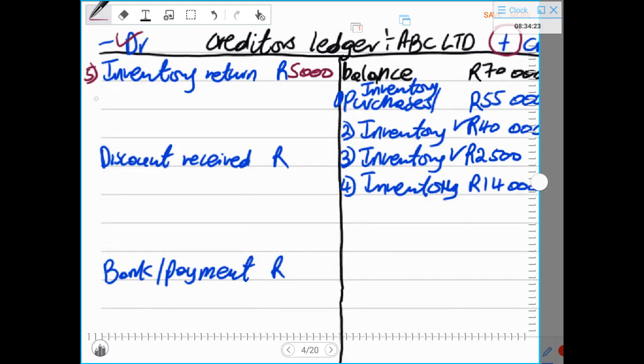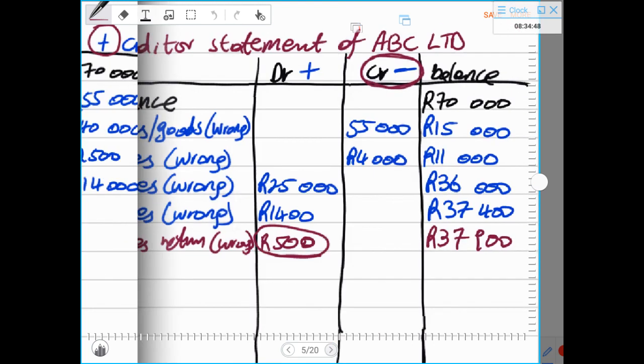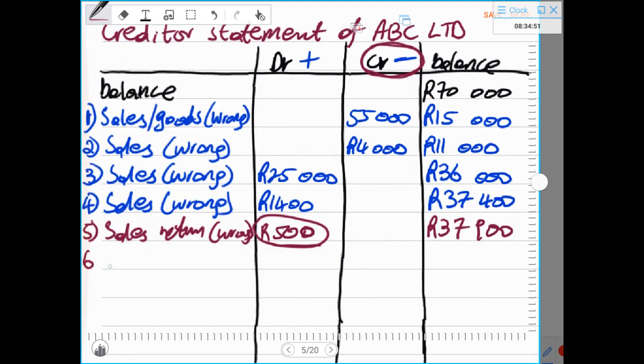So now this was the first return, and on the 6th day of the month there is another inventory return. Now we have an amount of return of 3,000 rands, and we see they have on the same date an amount of sales return, because when we return inventory they return that as sales.